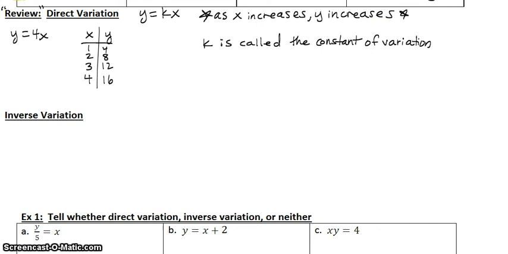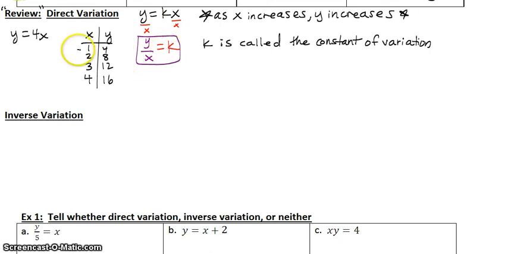Here's another way of thinking about it. If I take this equation with k and rewrite it so that k is by itself, I divide by x. k is equal to y divided by x. So you can tell if something is direct variation if I do y divided by x and I get a constant number each time.